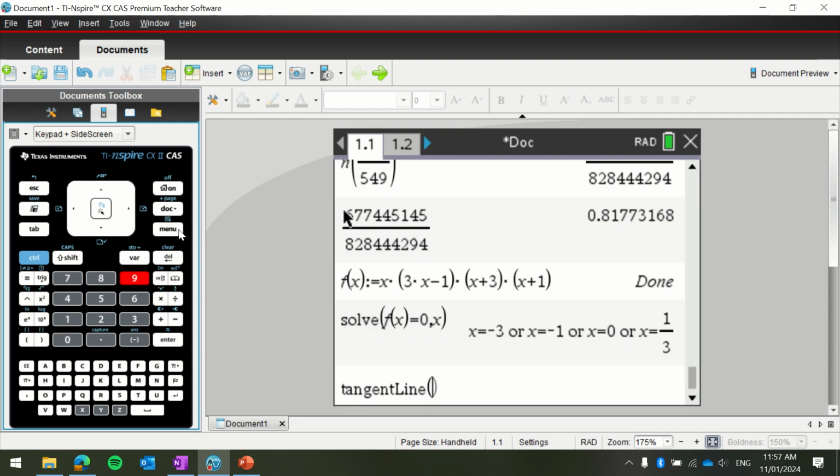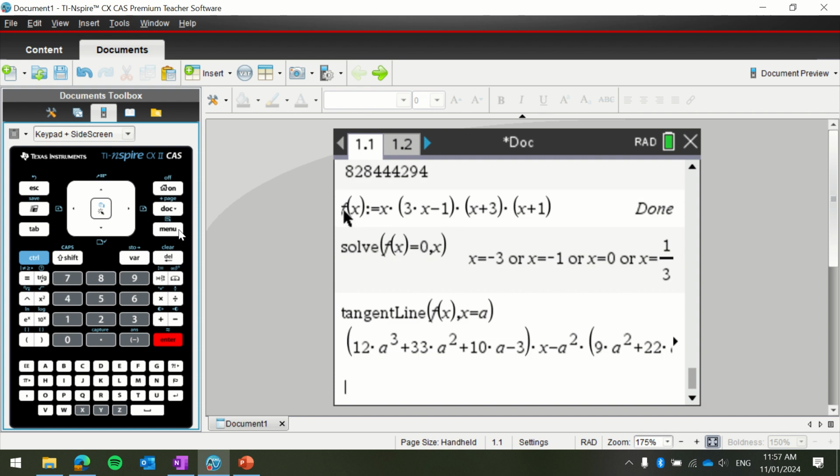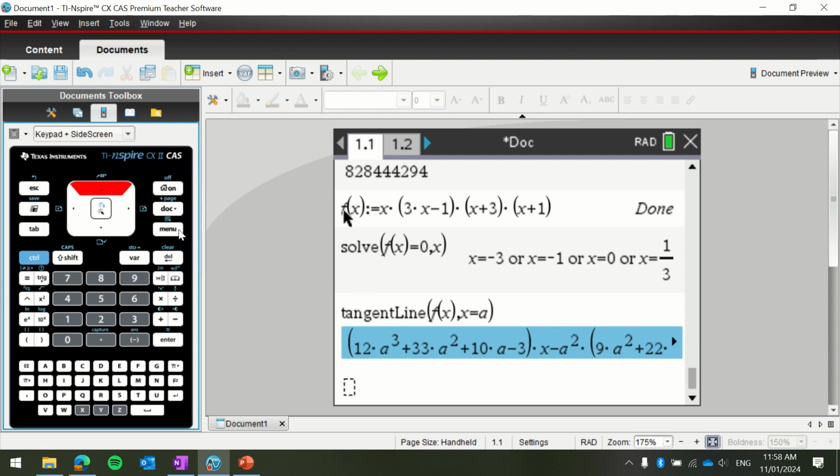I'm looking for the tangent to the function f, but I'm not looking for any specific tangent at a particular x. I'm looking for x equals a, some unknown number, and in this way I can find the tangent to the function at any point.